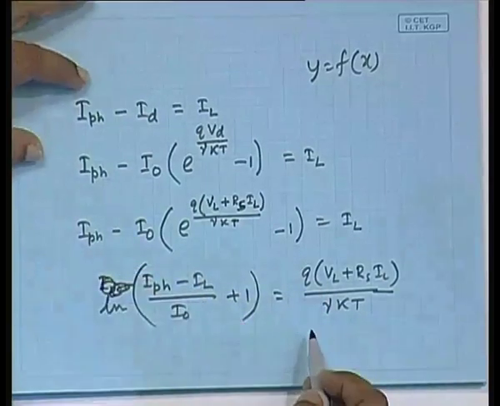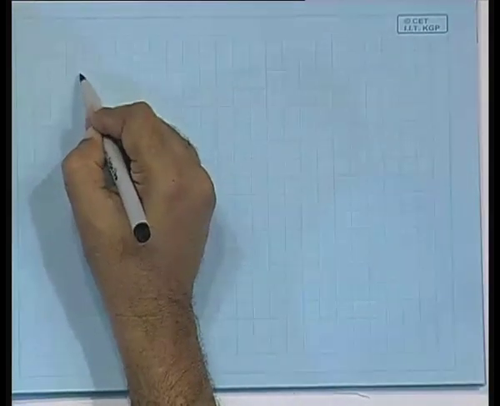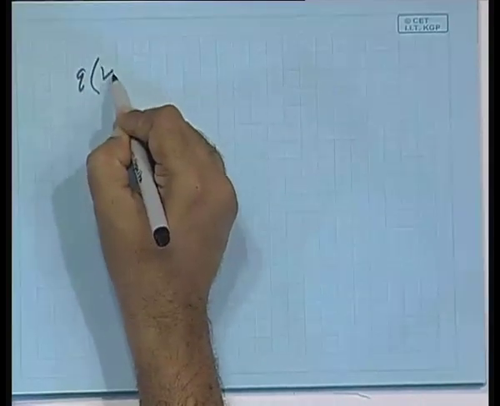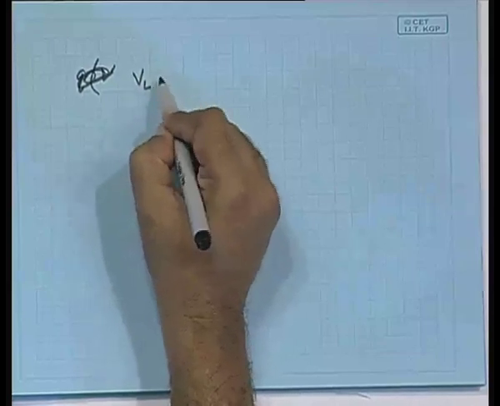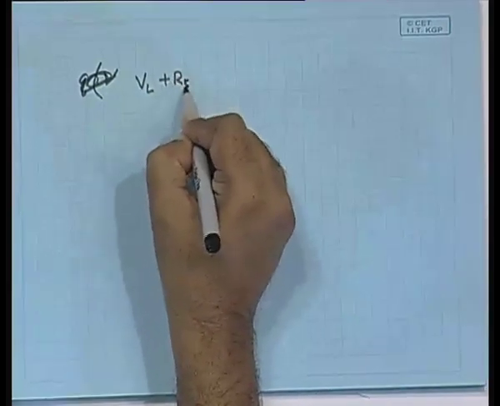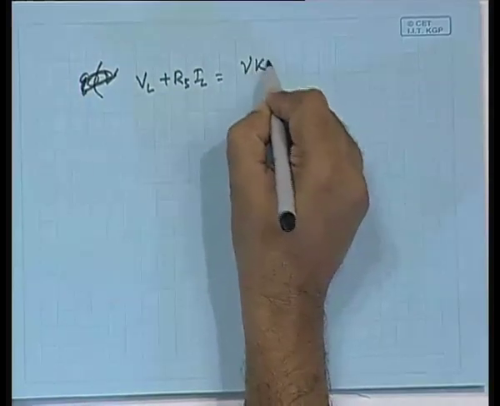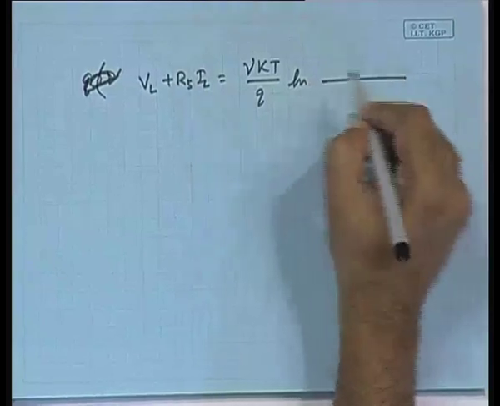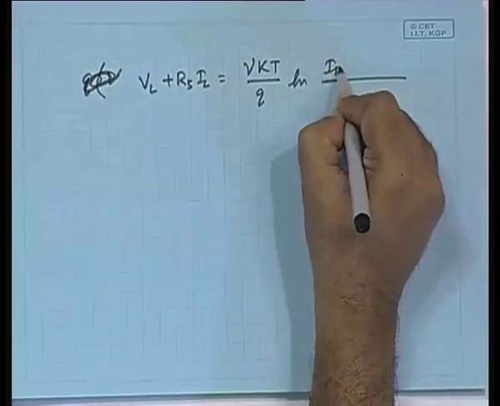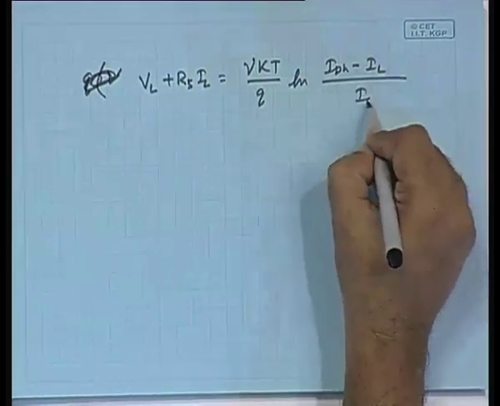So, put this thing down, now we can write it. How do you do it? Let me write it this way: V L plus R S I L is equal to gamma k T by Q ln of (I P H minus I L) by I naught plus 1.